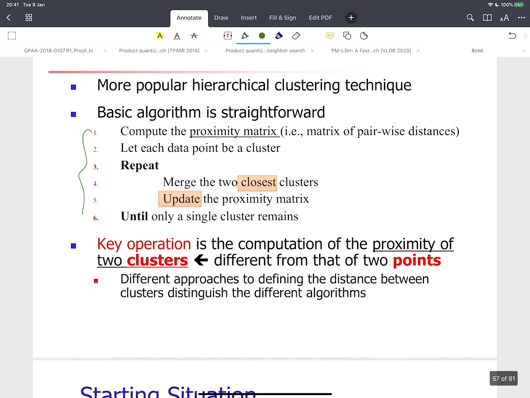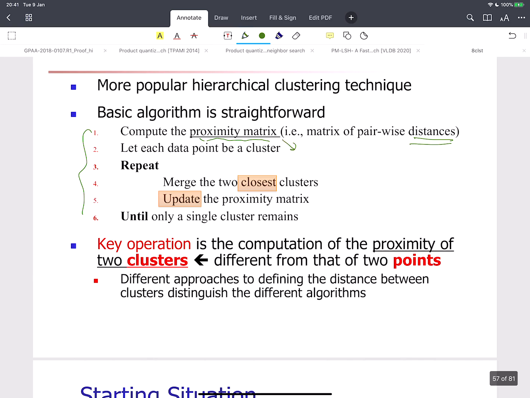And again, conceptually, it's very simple once you get it. The input can be a so-called proximity matrix, which is a matrix of pairwise distances. That's what we mentioned as one of the input formats of the clustering algorithm.